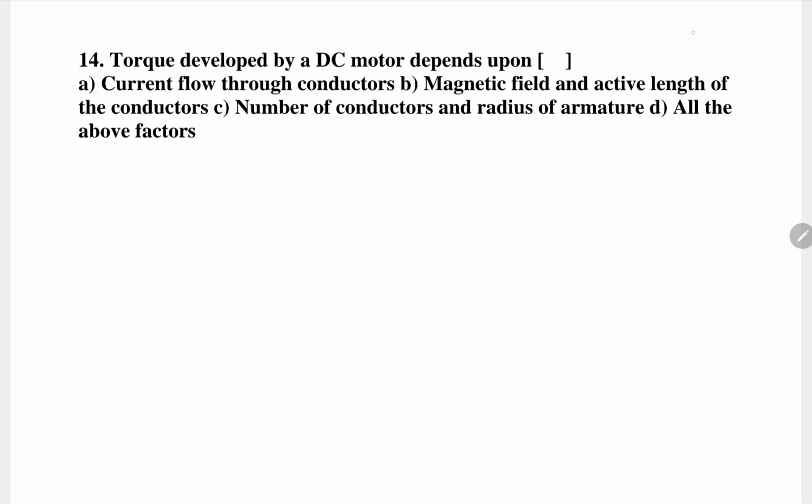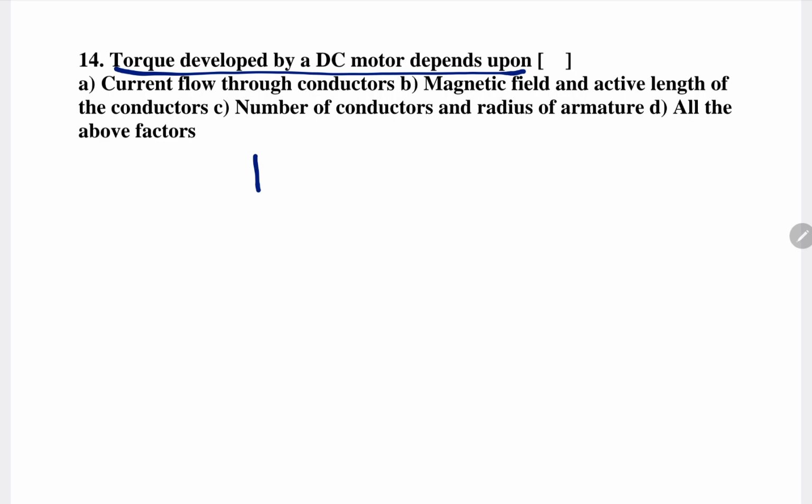Next, torque developed by the DC motor depends upon: current flowing through the conductor, magnetic field and active length of the conductor, number of conductors and radius of the armature, all the above factors. Torque developed by the DC motor depends upon what factors?